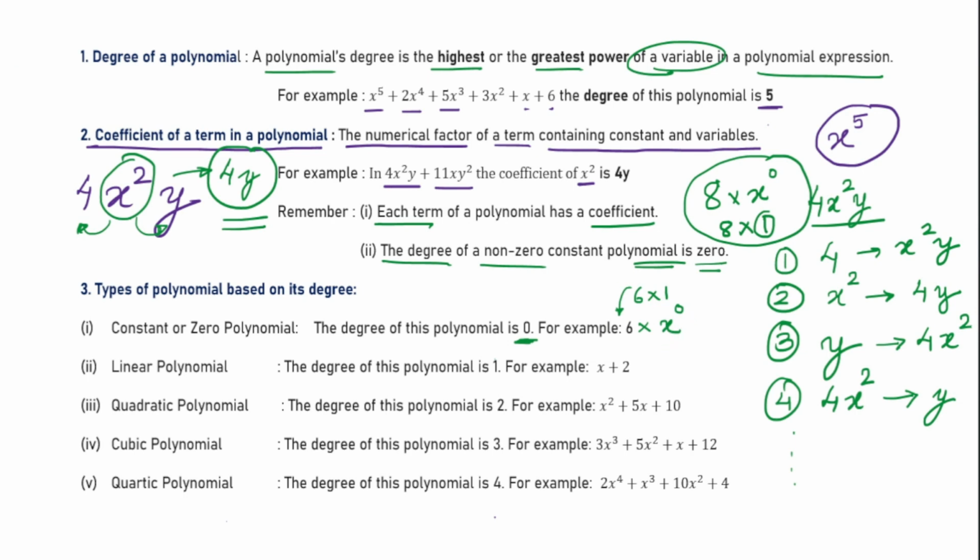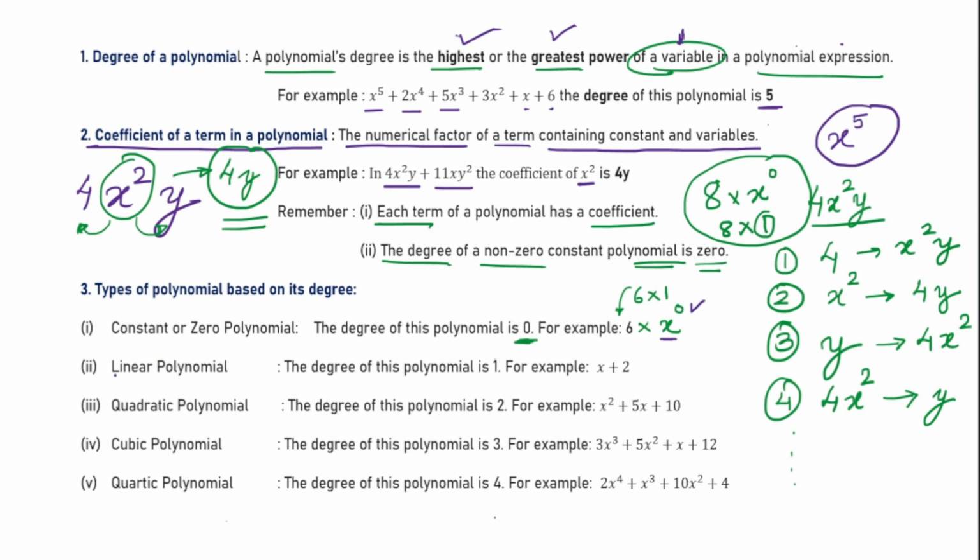Now what is degree? Degree is the highest or the greatest power of a variable in a polynomial expression. So here we have the variable x and its highest power is 0. So this kind of polynomial is said to be constant or a zero polynomial.